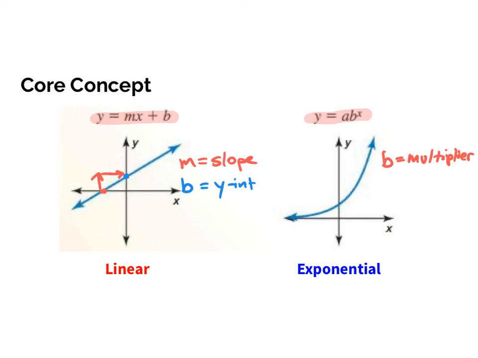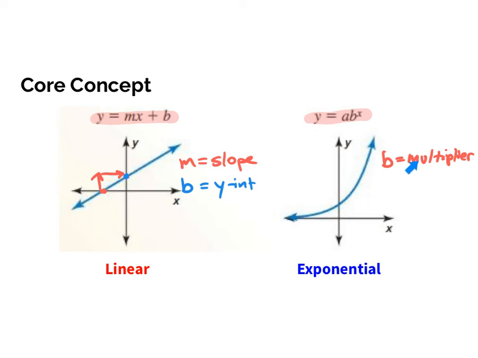If that b value were bigger than 1, the function would be growing like we have here. But if I had a b value between 0 and 1, we would see a decay graph where it actually gets smaller. And again, it could be above or below the x-axis depending on whether we have a positive or negative value there. But the b was representing that multiplier.